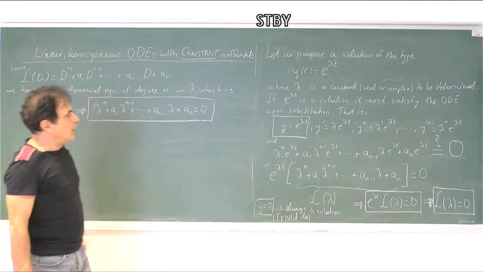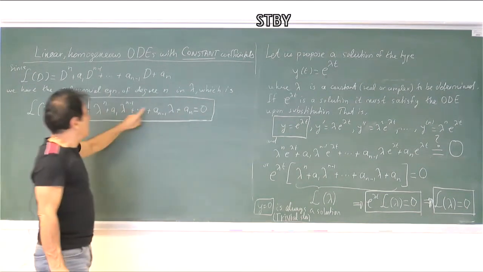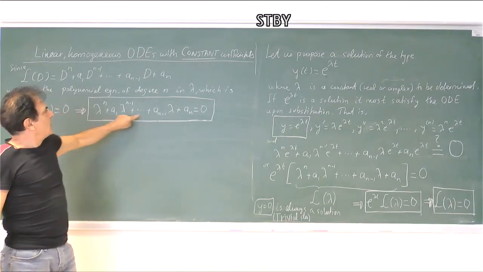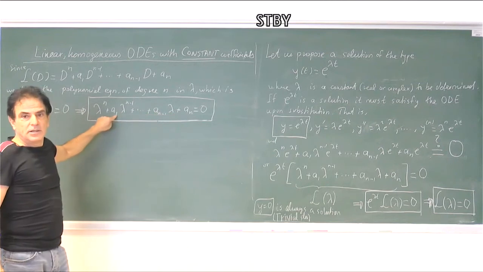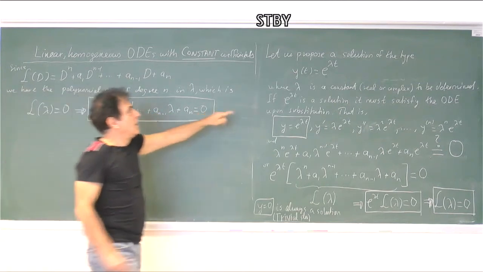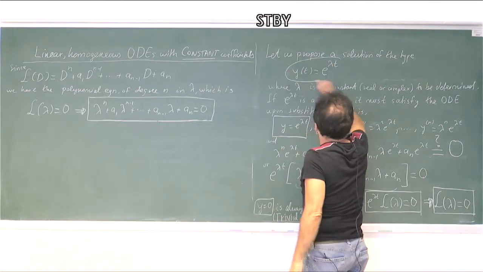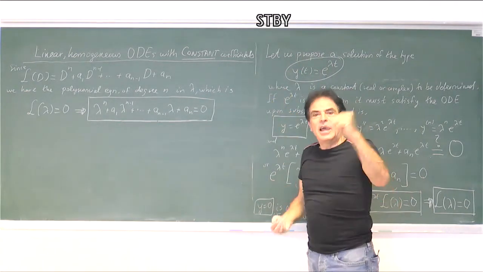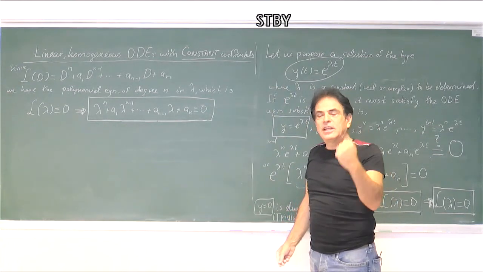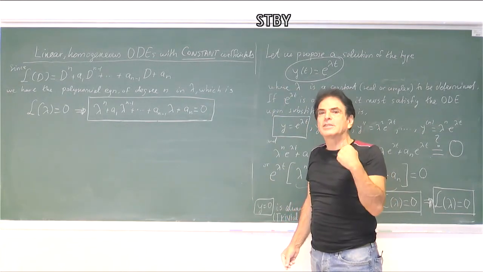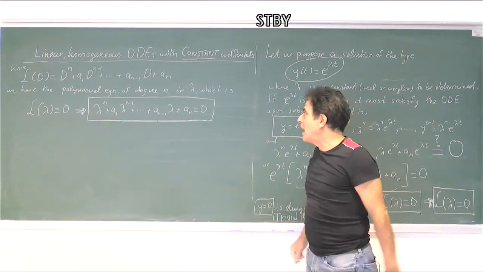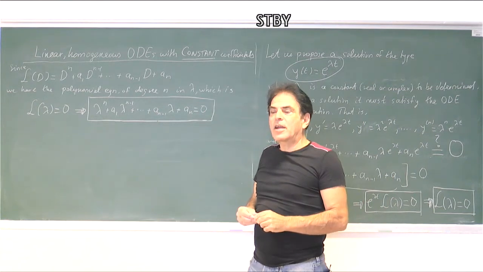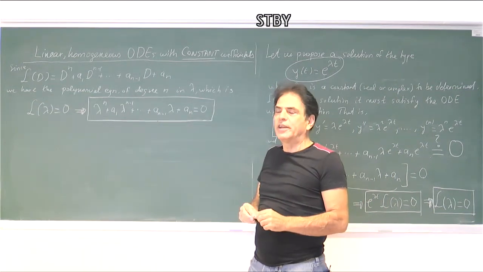Good. So if we find lambda satisfying this polynomial equation, then the exponential function with that lambda becomes a solution of the linear homogeneous ODE with constant coefficients. Now, this equation is called the characteristic equation of the differential equation.